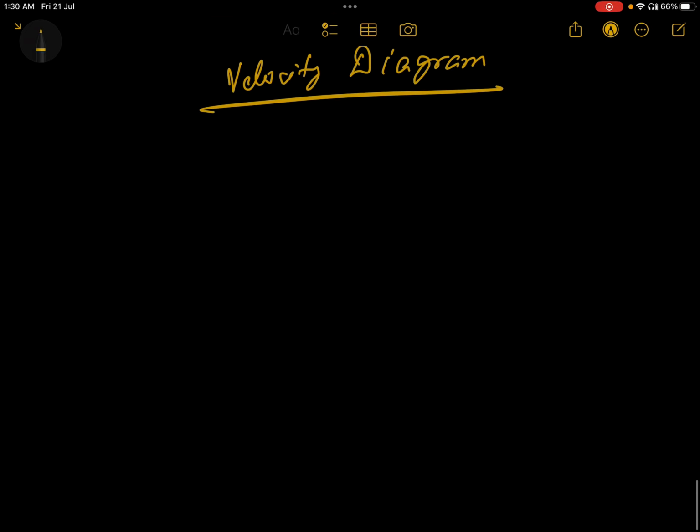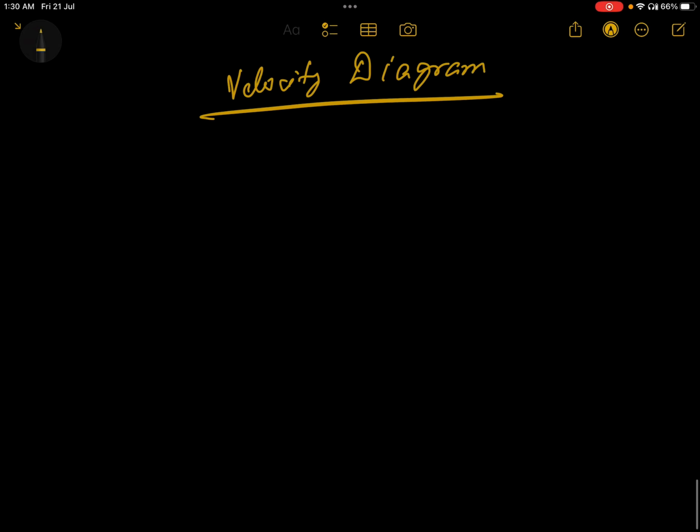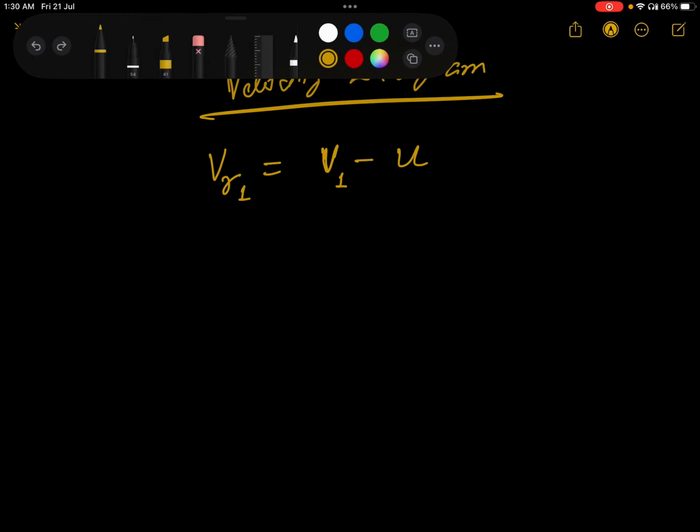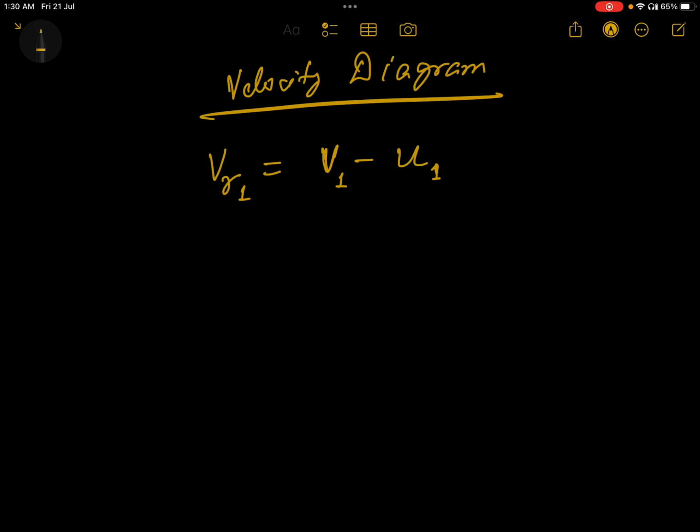Okay. So first try to understand how we calculate the relative velocity. Relative velocity is calculated from the absolute velocity with respect to some other velocity. If we are finding it at 1, then the relative velocity is the absolute velocity V1 minus whatever velocity we are taking it with respect to.